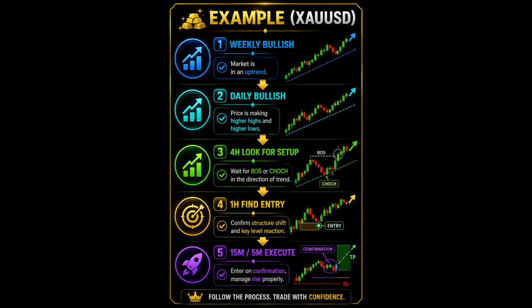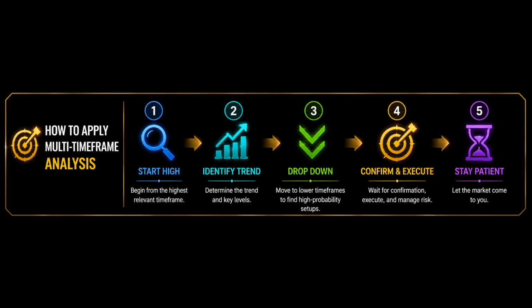The process is straightforward. Start high, identify the trend, move down through the time frames, wait for confirmation, execute with discipline. Remember, the best traders don't force trades. They allow the higher time frame to provide direction and use lower time frames to achieve precision.